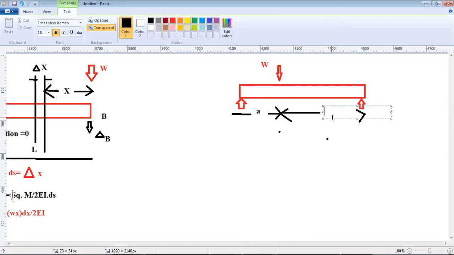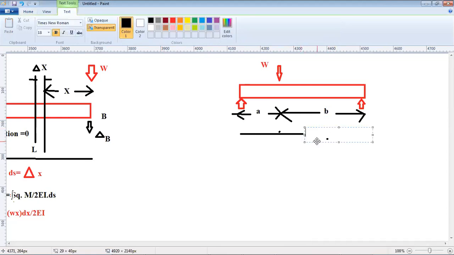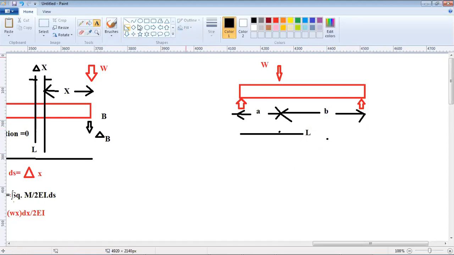The overall length is L. So solve this question yourselves at your own place.